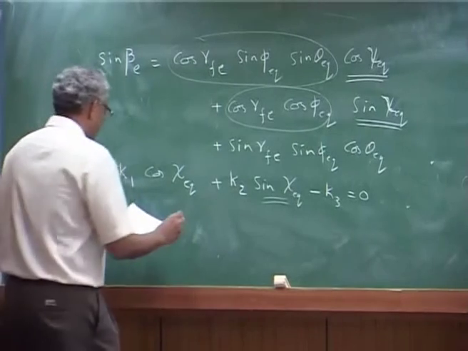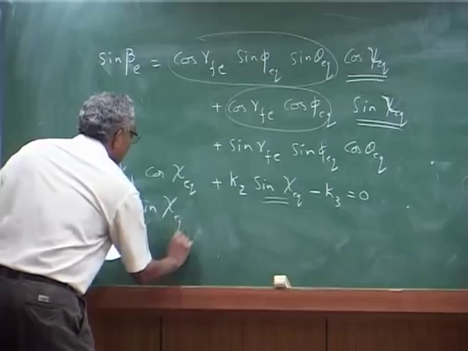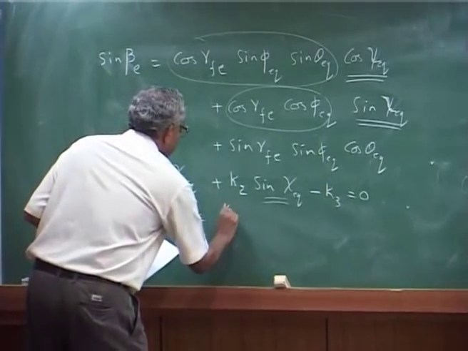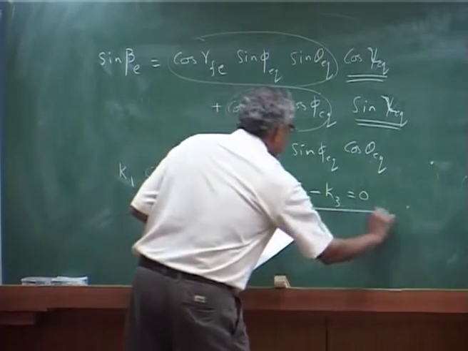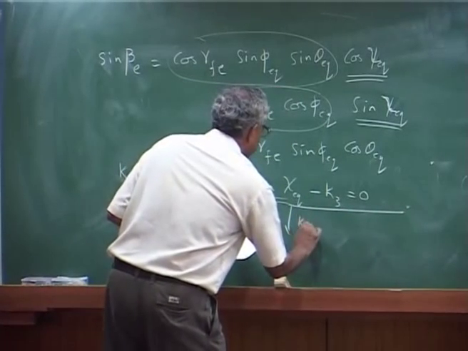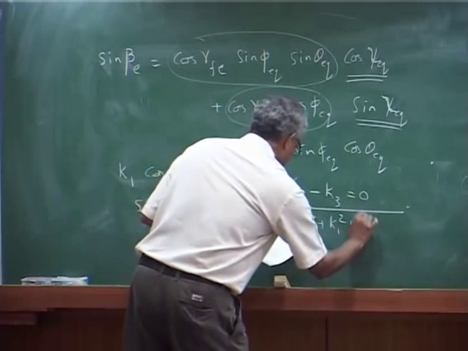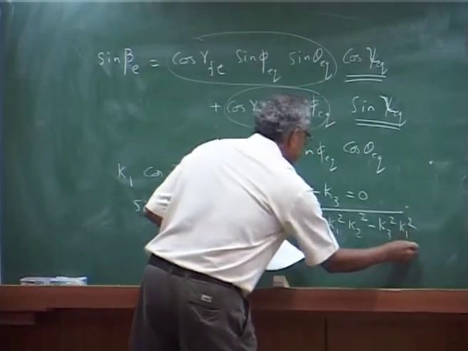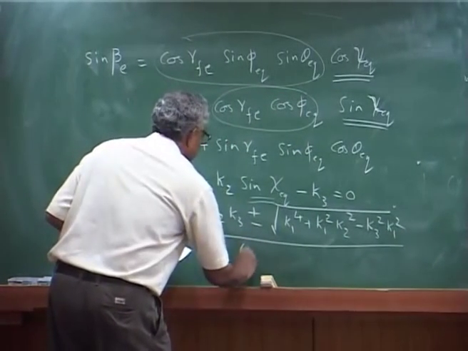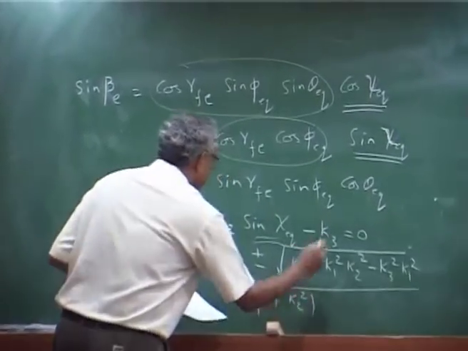So, finally, you will write sine chi equilibrium is given by K2 K3 plus minus root of K1 power 4, K1 square K2 square minus K3 square K1 square over K1 square plus K2 square.